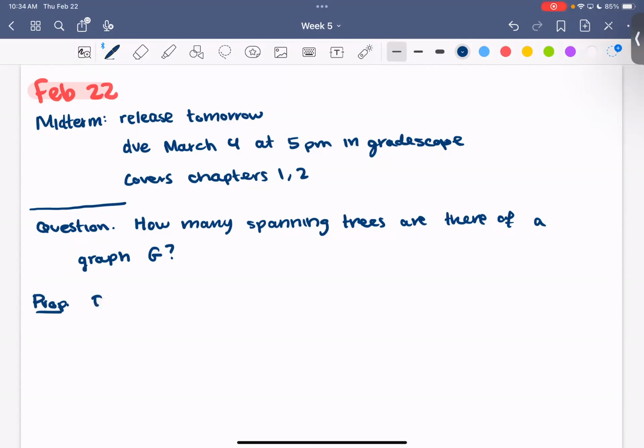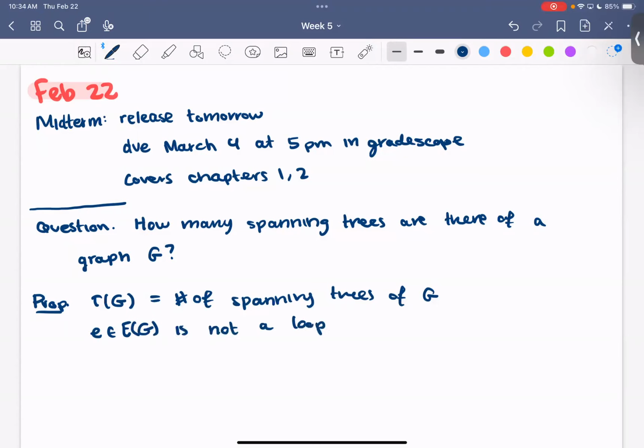So if we let tau of G be the number of spanning trees of G, and we take E in the edges of G to be a non-loop edge, then we have that tau of G is equal to the number of trees that do not contain that edge plus the number of trees that do contain that edge, which we related to the following two graphs.